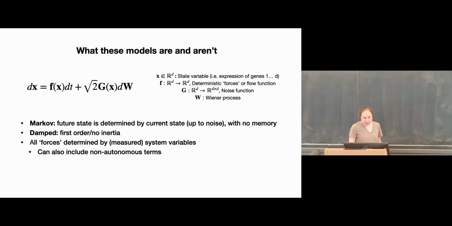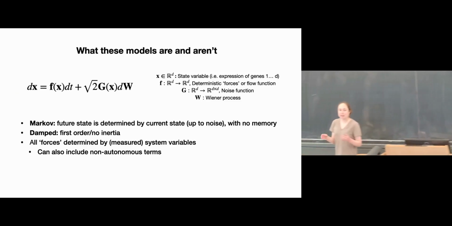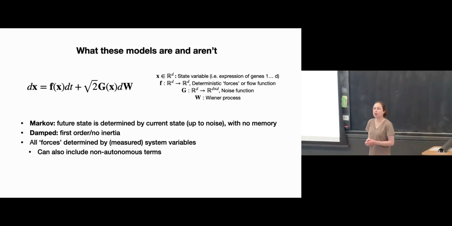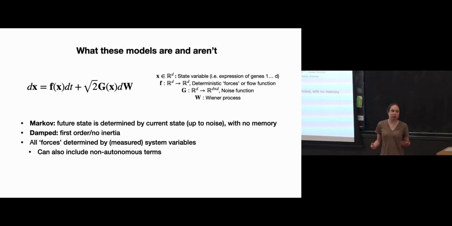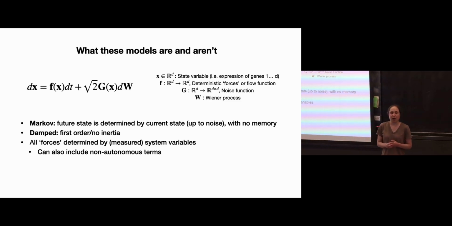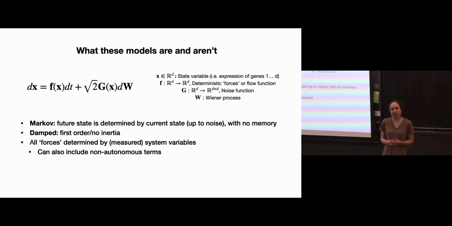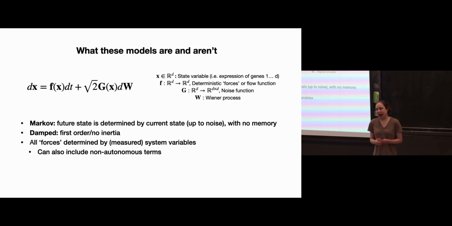Okay, so a brief mention. This isn't really a model, it's a class of models, and it's very flexible. I motivated this as a natural choice starting from a gene regulatory network. You can also, if you prefer, think of it as simply that we think there's some deterministic component and some noise, and this is one of the simplest ways of modeling this.